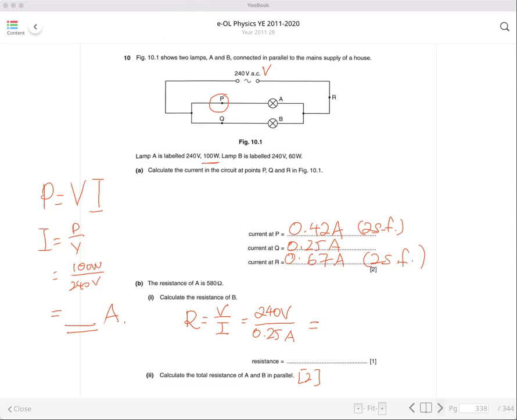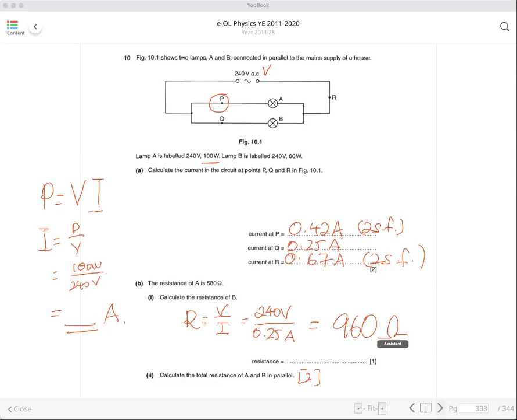Ryan, your ohm is wrong for part 1. Okay, Yuting, well done. Okay, so for part B1, you will get 960 ohm.